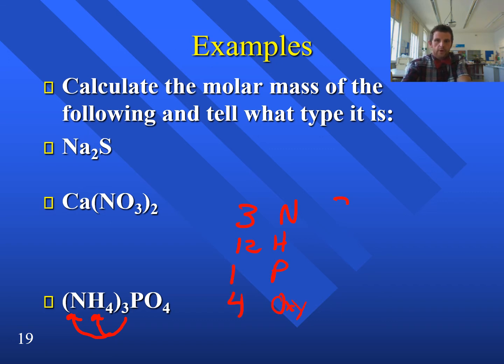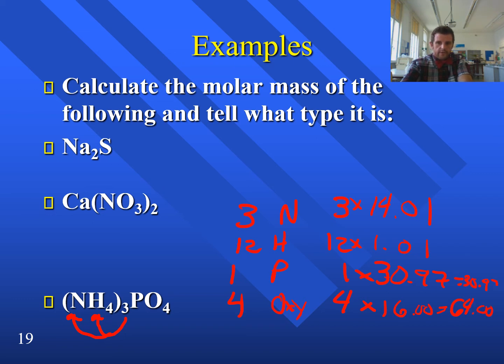So I'm going to do 3 times 14.01, 12 times 1.01, 1 times phosphorus, which is 30.97, and then 4 times 16.00, that is going to be 64.